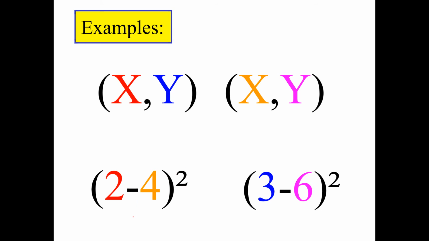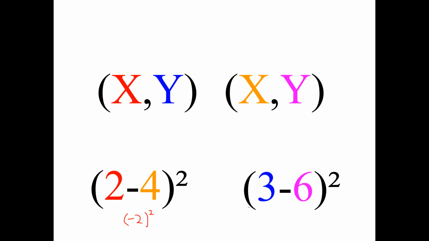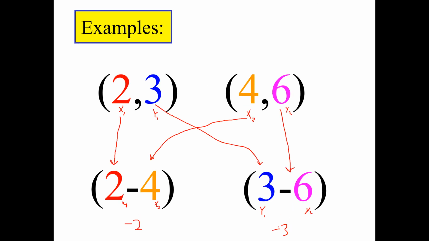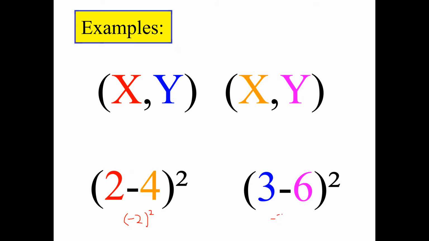So we said that 2 minus 4 is negative 2. We want to make sure we keep that in the parentheses, and it's going to be squared. Now over here, we said that this was negative 3. So we're going to take this negative 3, put it in parentheses, and square it.